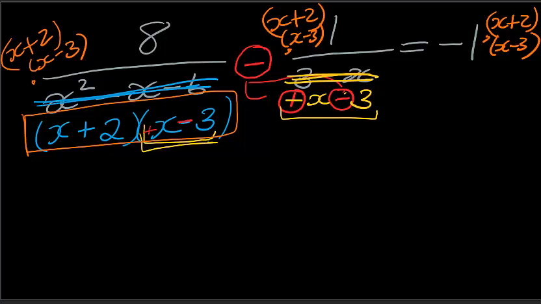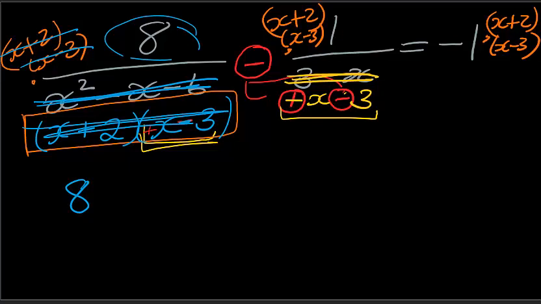So let's work. On the blue one, these cancel out. What is left is 8. On the green one, x minus 3 cancels with x minus 3. I have a minus sign here. Minus 1 times the bracket is x plus 2. So minus x plus 2.